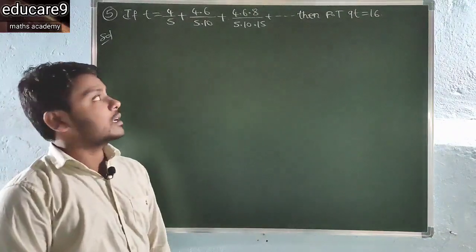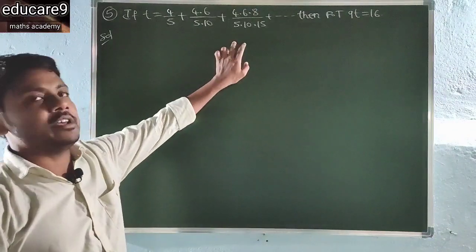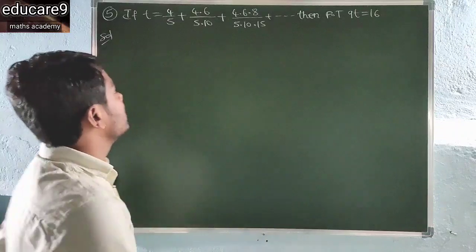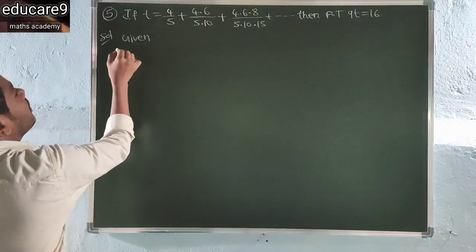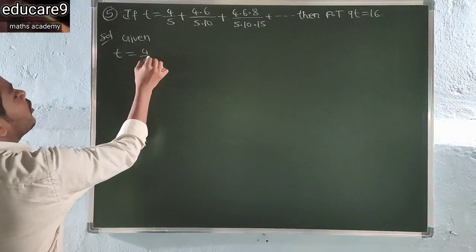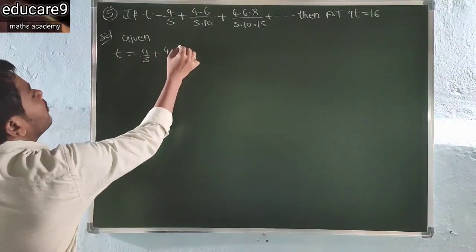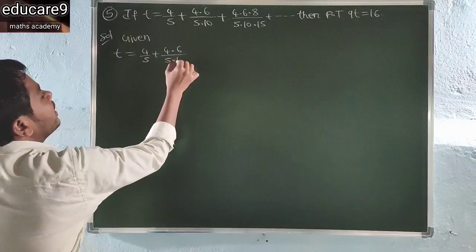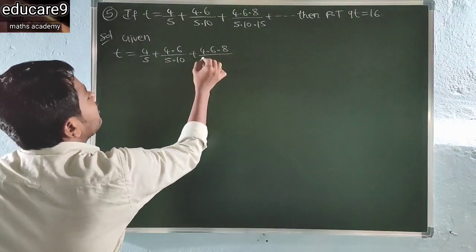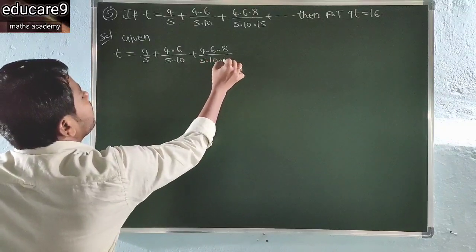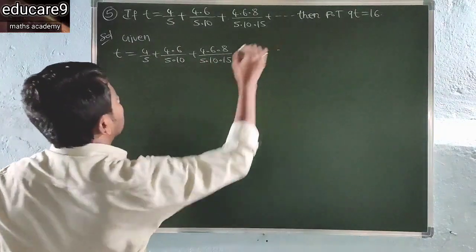So see the fifth one. If t is the given series, then prove that 9t equals 16. So see here, given t is equal to 4/5 + (4 into 6)/(5 into 10) + (4 into 6 into 8)/(5 into 10 into 15) and so on.